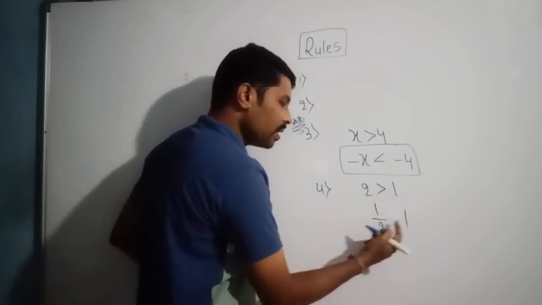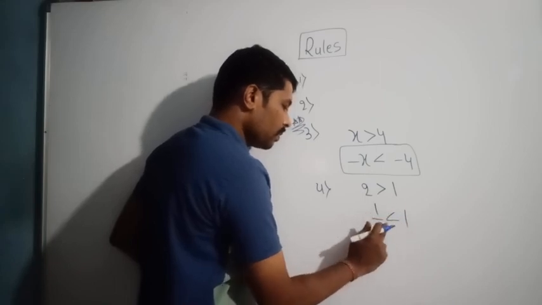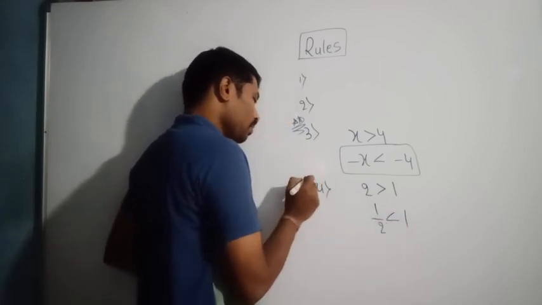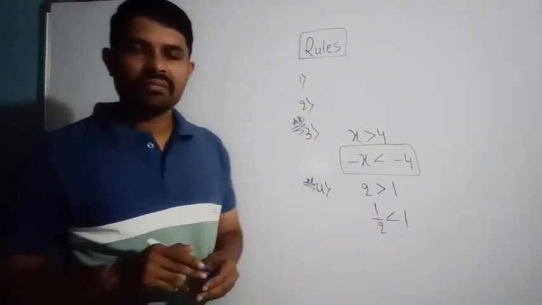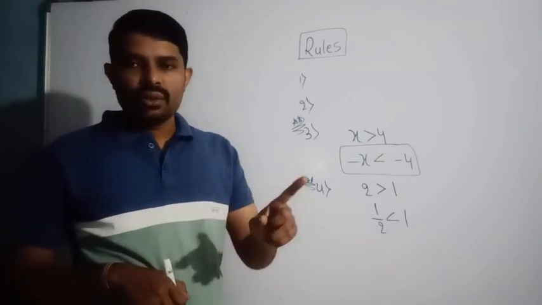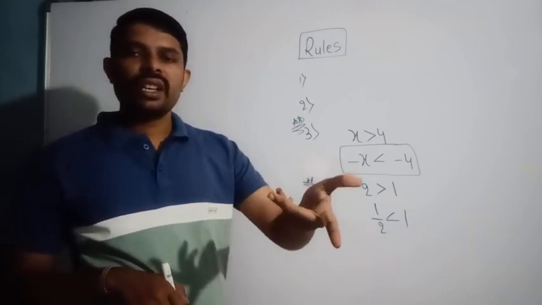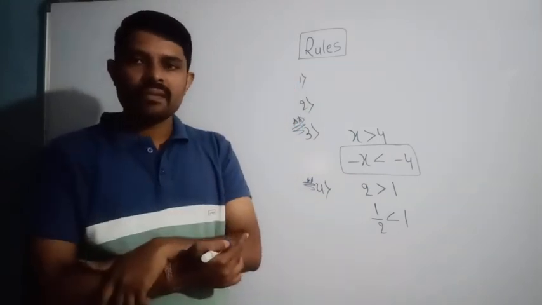Now tell me which is bigger? Is 1 bigger than half or not? So remember these two important rules. Multiply by a minus sign or negative number, inequality changes. If you take the reciprocal, inequality reverses.